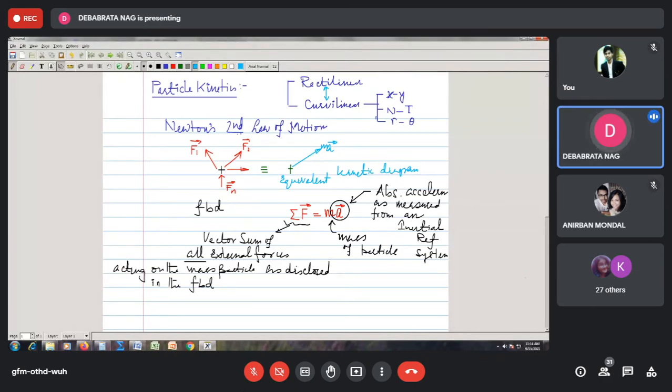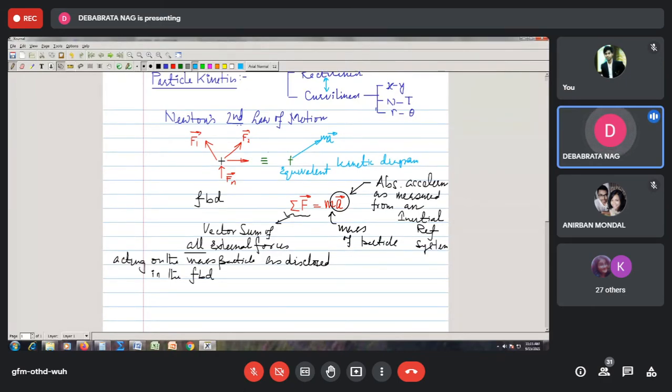This is a vector equation, and it is ultimately equivalent to, if you express your acceleration vector as a bar x and a bar y, summation Fx equal to m ax and summation Fy equal to m ay.